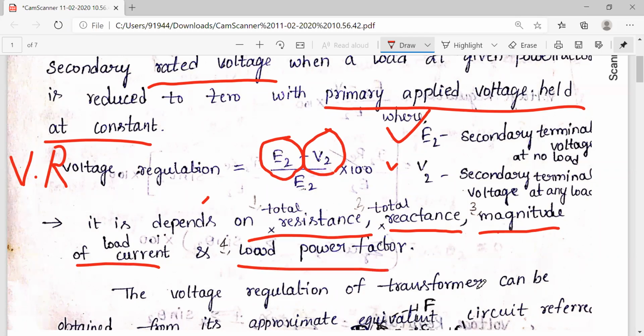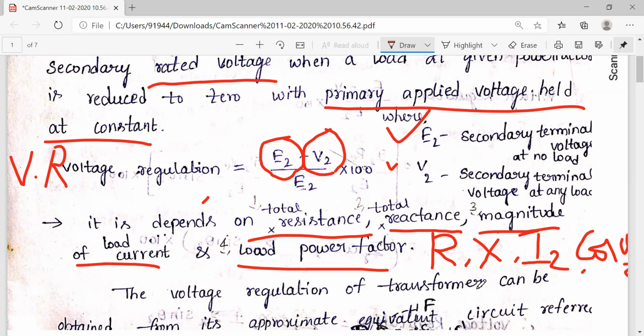So there are four parameters: resistance, reactance, current, and power factor.